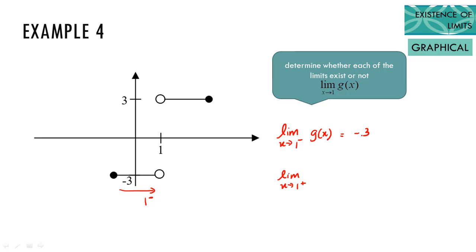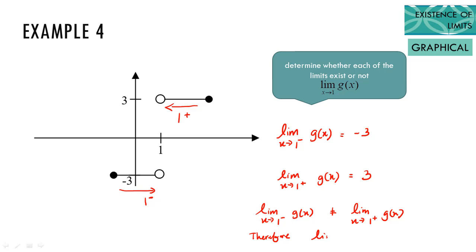Limit as x approaches 1 from the left for the function g(x) is equal to -3, and limit as x approaches 1 from the right for the function g(x) is equal to 3. So what we can conclude here is, since the two-sided limits are not equal, therefore the limit does not exist.